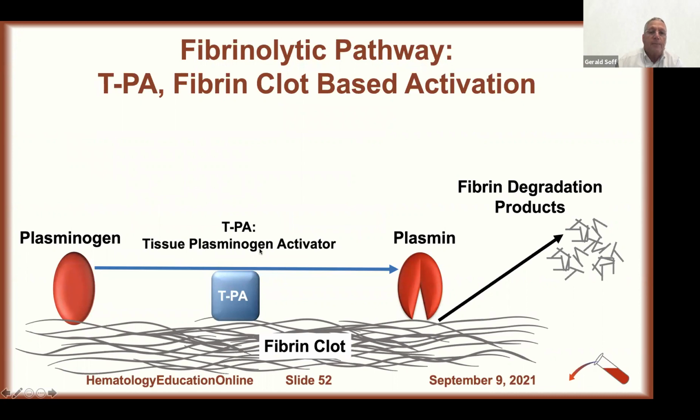TPA, or tissue plasminogen activator, can bind to fibrin. And when they both bind to fibrin, plasminogen gets converted by TPA to plasmin. So this is a proenzyme, or zymogen. Here's the active enzyme. Plasmin, when bound to fibrin, would be like a Pac-Man. It chews it up, and then you have fibrin degradation products. So this is the core of clot-based fibrinolysis, a process by which fibrin clots are degraded.